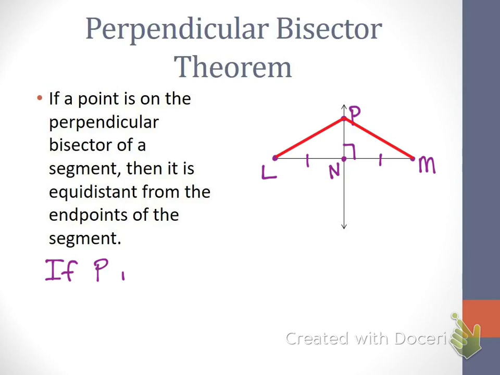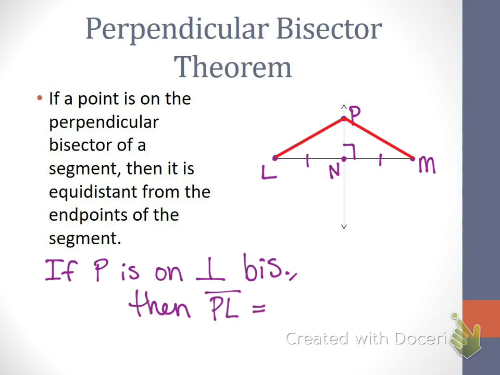So if P is on the perpendicular bisector, then PL is congruent to PM. We could mark those as being congruent as well.